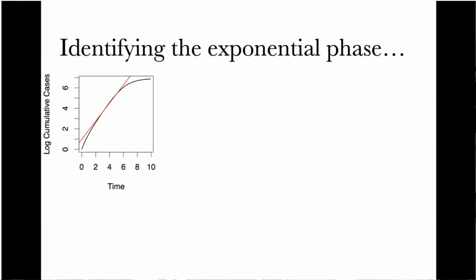I think that's clear for everyone. So if, for example, you log transform the cumulative cases and they were increasing exponentially, then you expect that if you plot that with time, it should be a straight line relationship.